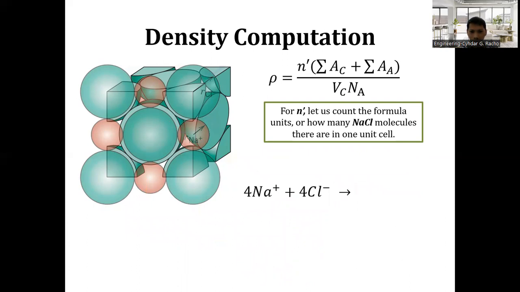Okay, so if you write it this way, you have 4 Na+ plus 4 Cl- is equal to 4 NaCl.